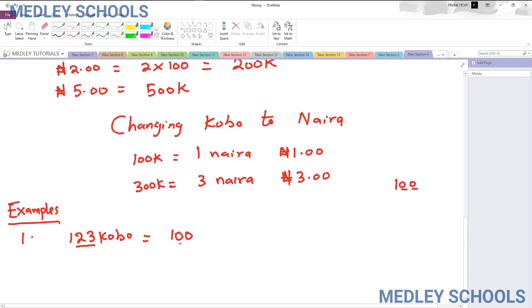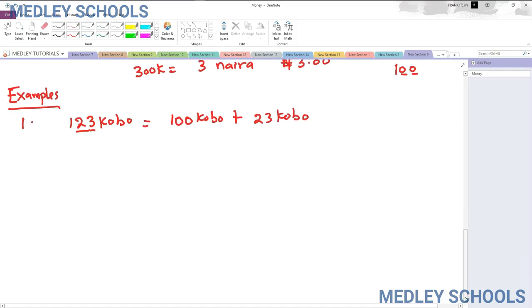So we can split this to 100 kobo plus what is remaining, 23 kobo. Now remember from what we have just learnt above that 100 kobo is equal to 1 naira. So we have this as 1 naira plus 23 kobo.